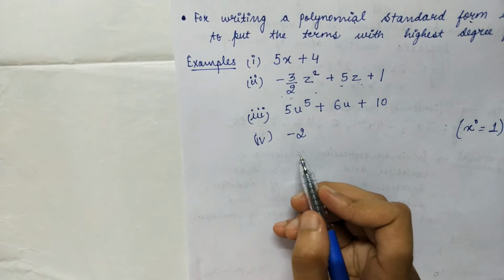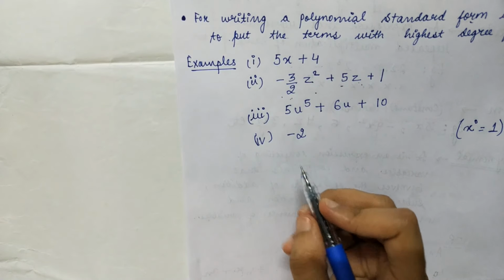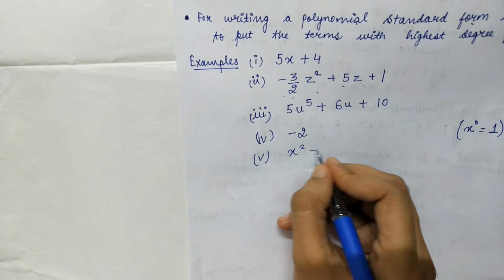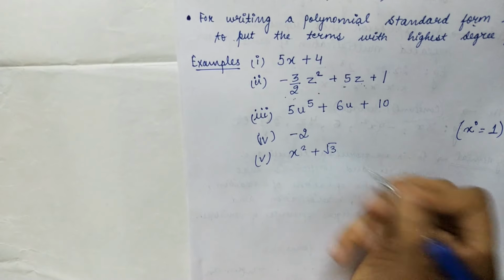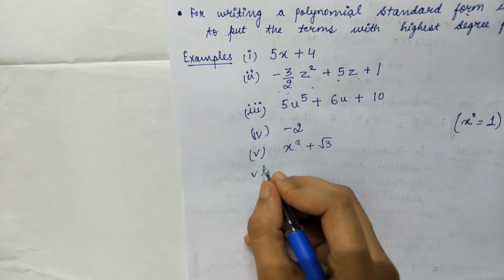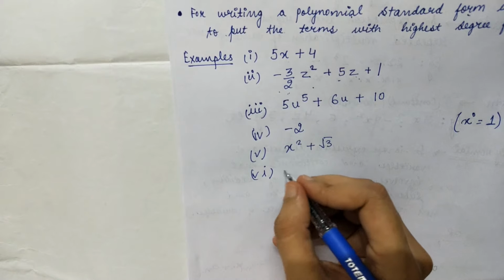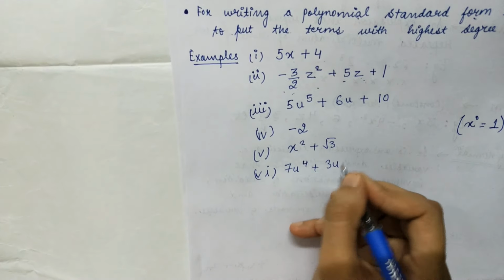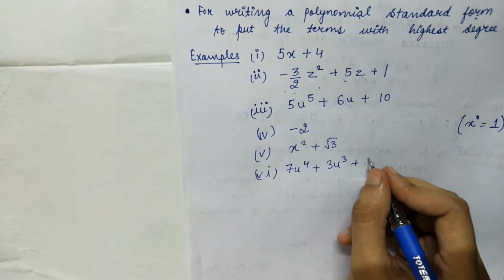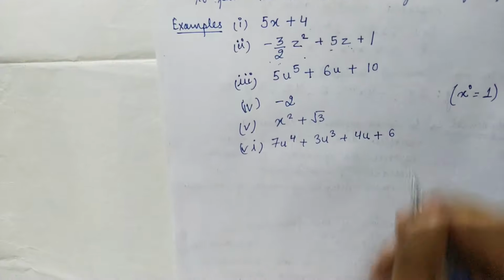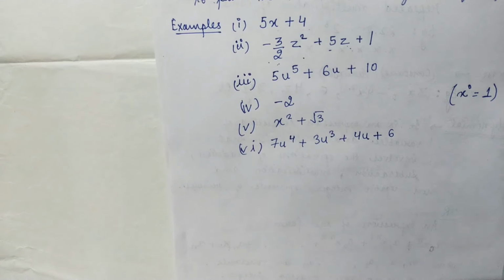A constant will be a polynomial. We can take any example.